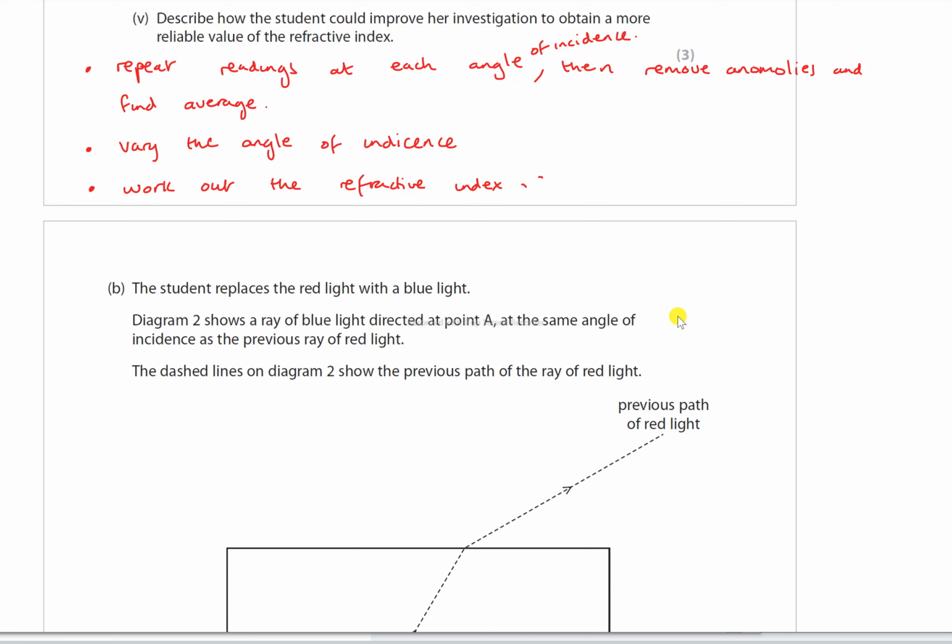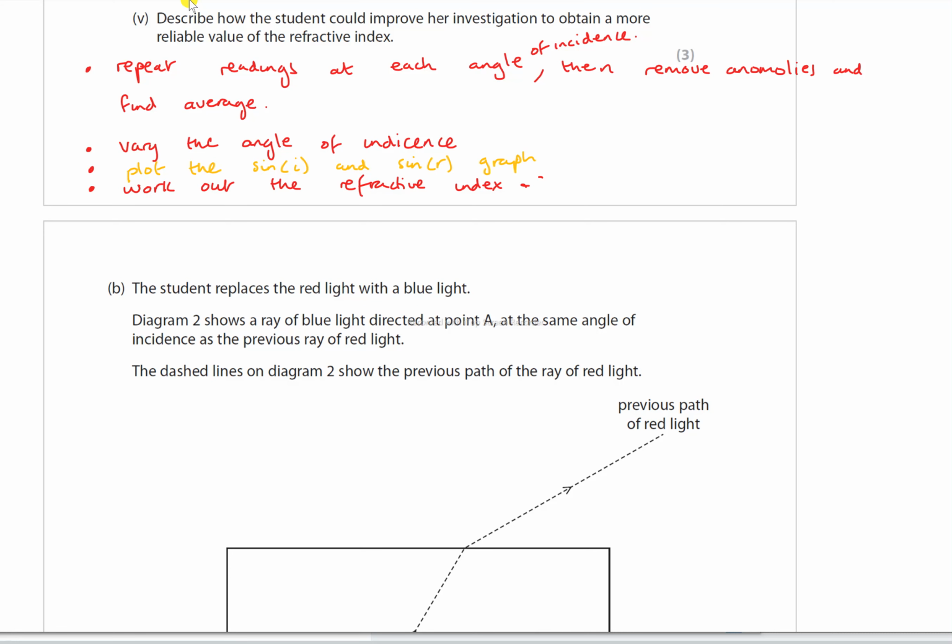So first of all, before you do that, you need to plot the sine I and sine R graph.